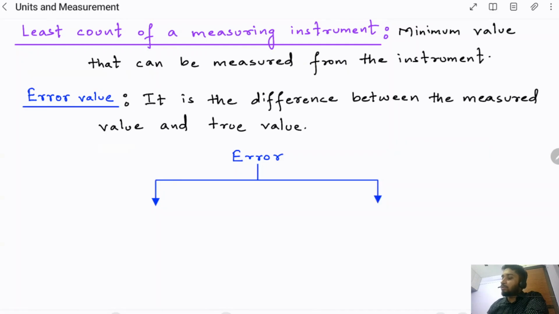One is systematic error, and the other is random error.